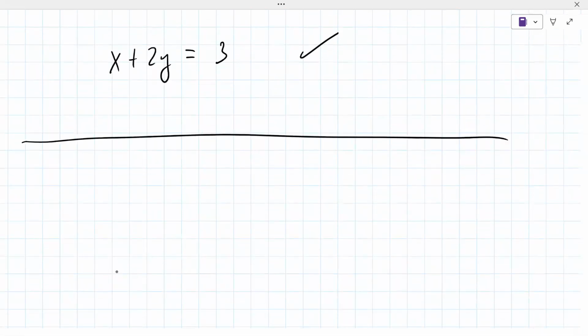Okay, let's try another one here. Couple more examples. Let's go y equals 2/3 x minus 5.